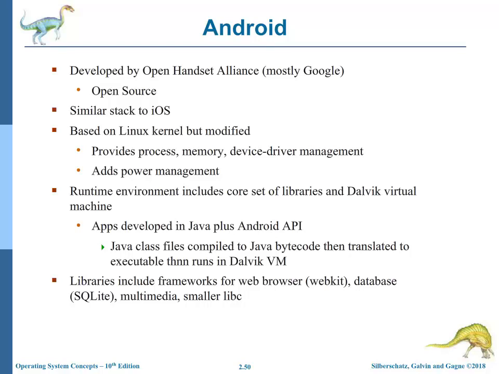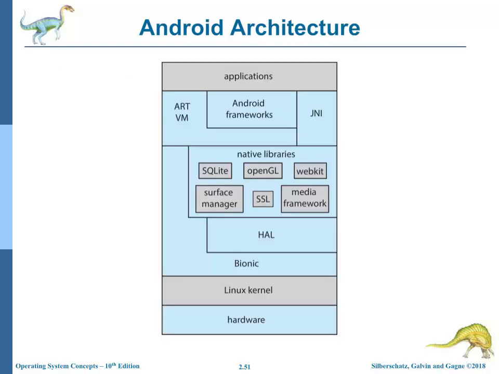The set of native libraries available for Android applications includes frameworks for developing web browsers, WebKit, database support, SQLite, and network support, such as secure sockets, SSL. Because Android can run on an almost unlimited number of hardware devices, Google has chosen to abstract the physical hardware through the Hardware Abstraction Layer, HAL.